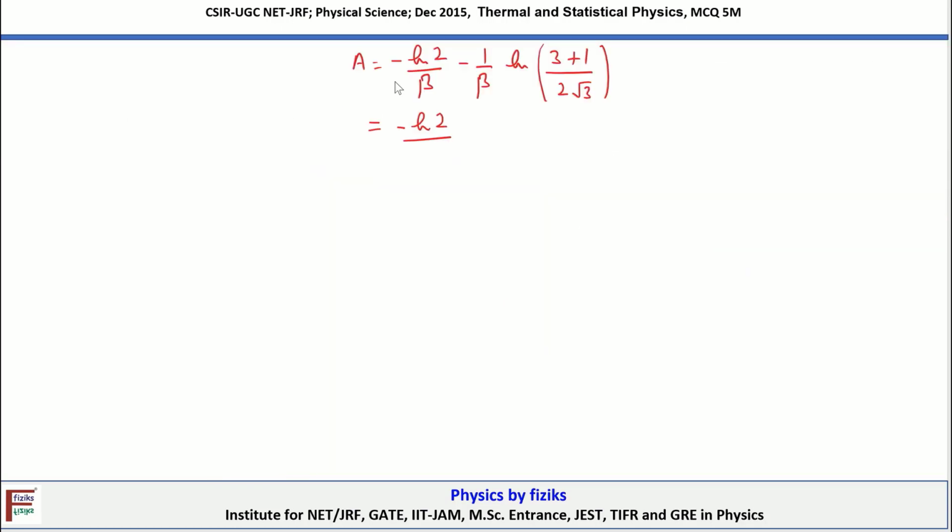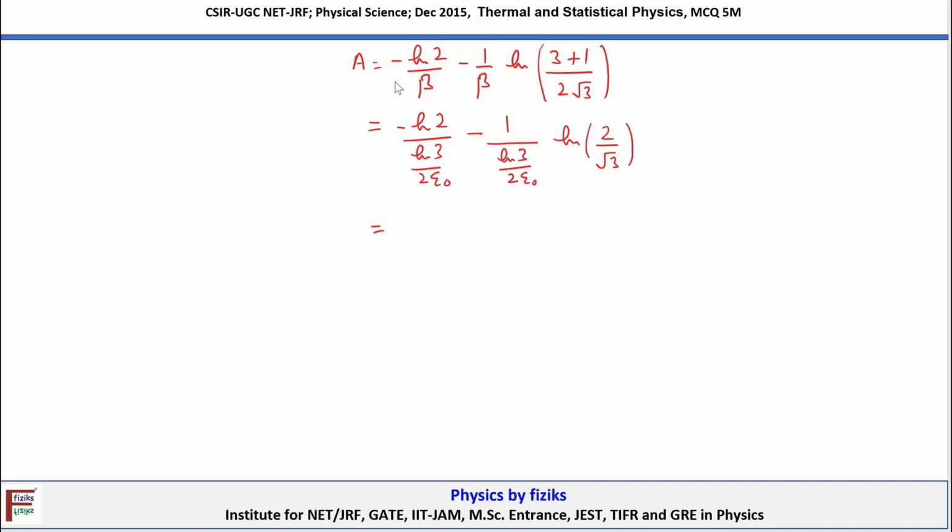So minus 1 upon ln 3 upon 2E0 ln of 2 divided by √3. And after this point, it's merely the rearrangement of the terms.